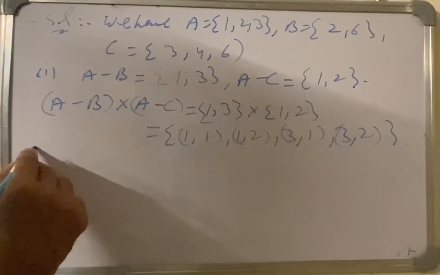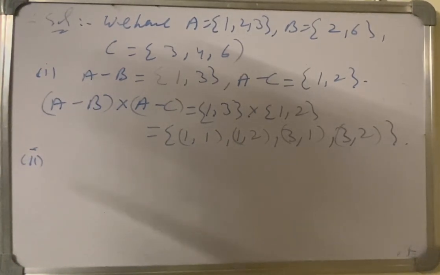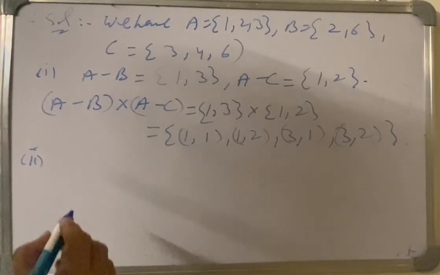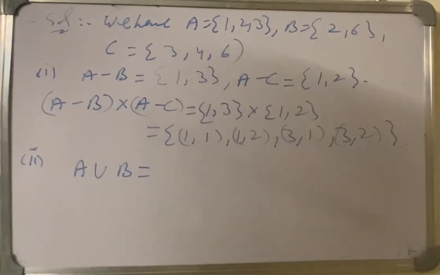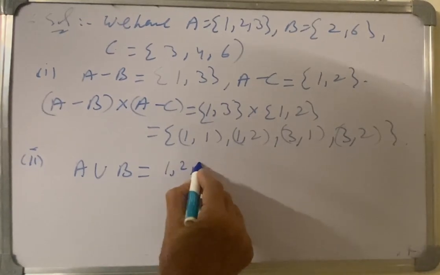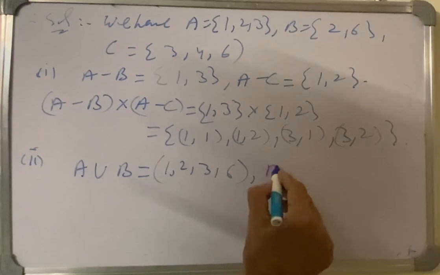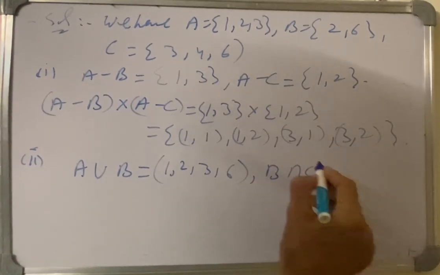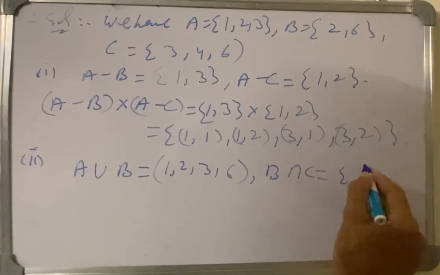Second part, to find the Cartesian product of A union B and B intersection C. A union B we take as {1, 2, 3, 6}. Then B intersection C, the common elements in B and C, is {6}.